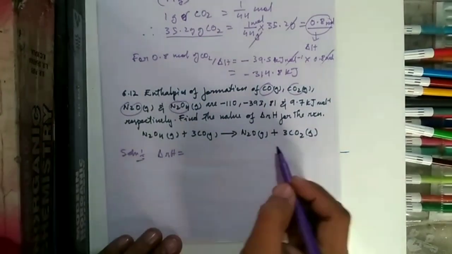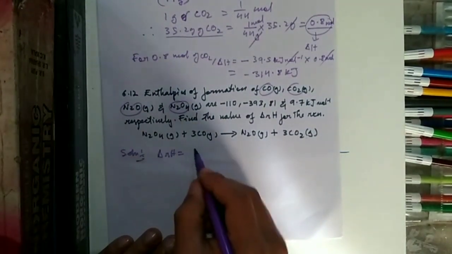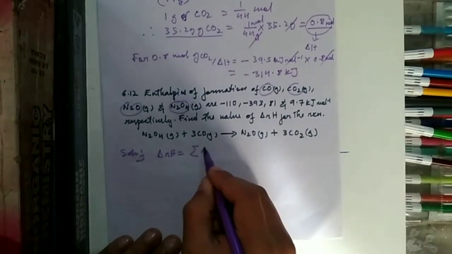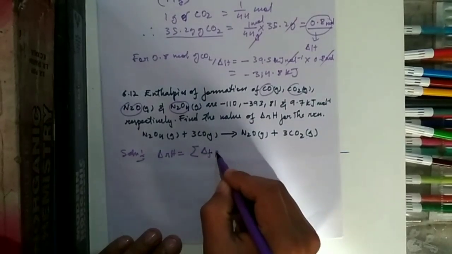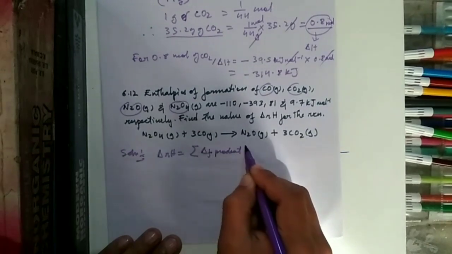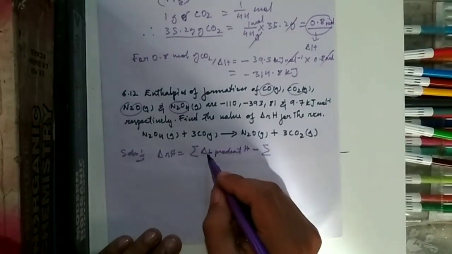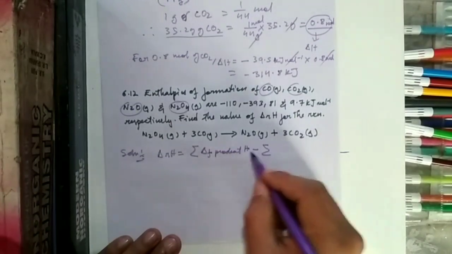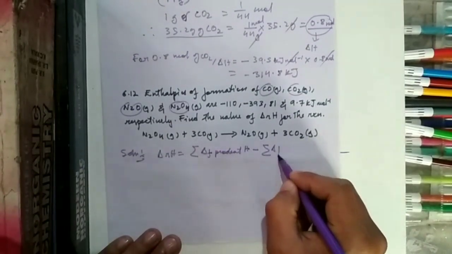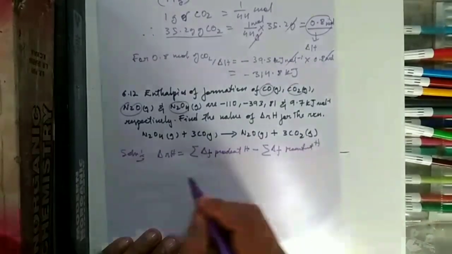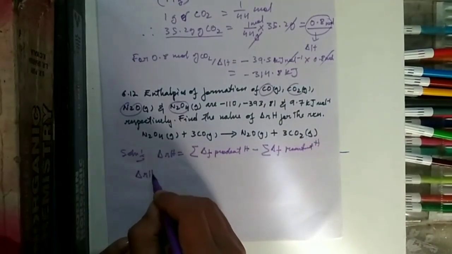So in this case what we have to find is the enthalpy of the reaction. So this delta rH is given by the summation of enthalpy of formation of products minus the enthalpy of formation of reactants.